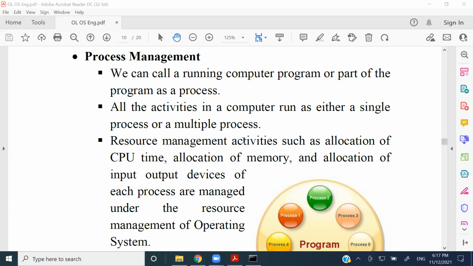So when the program is being executed, it creates several different processes, right? So that is the place where you can find a process. When a program is not in execution, you won't find any process inside your computer.